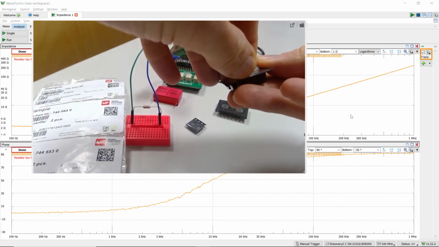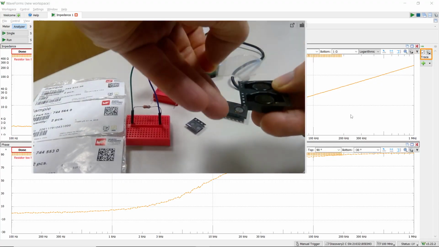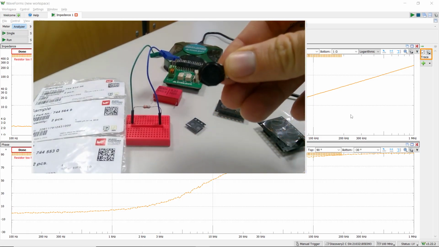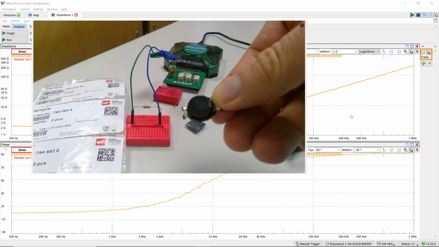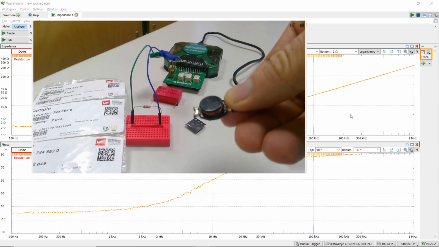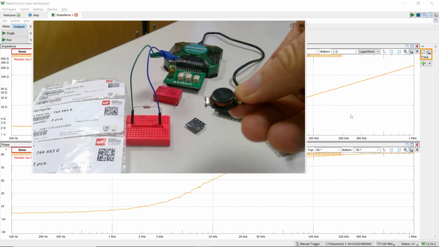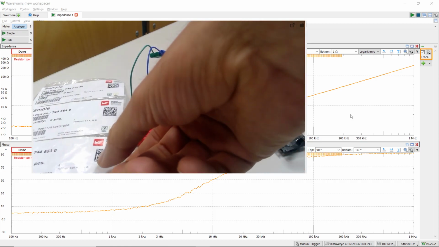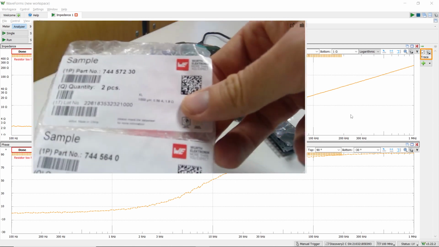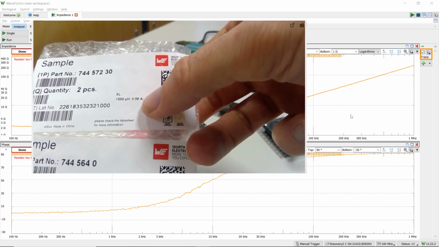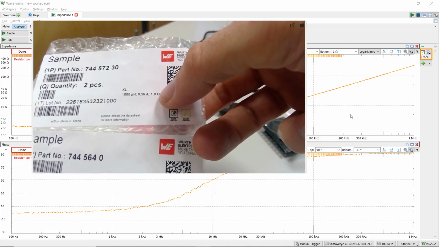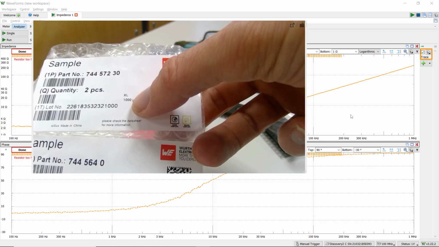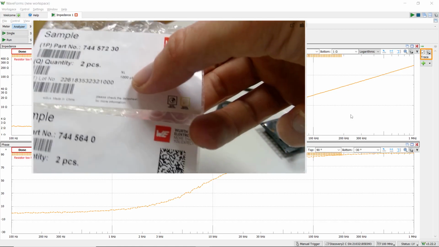They are in their original packaging. This is the one that is labeled 102, the largest one. I think this is probably the top one here that can handle the most current: 0.5 ampere, has 1.8 ohm of resistance and 1,000 microhenry of inductance.